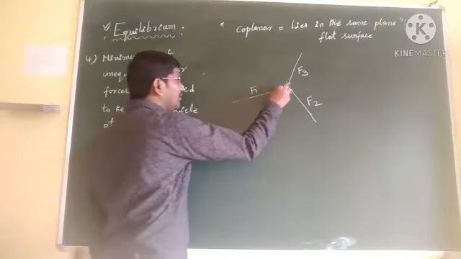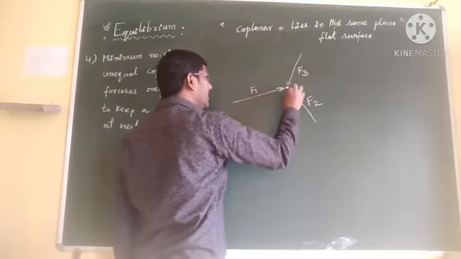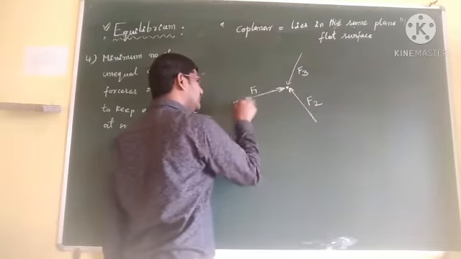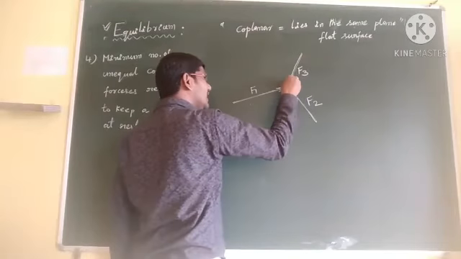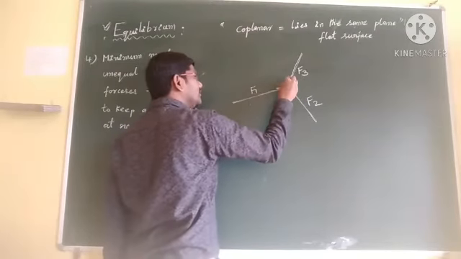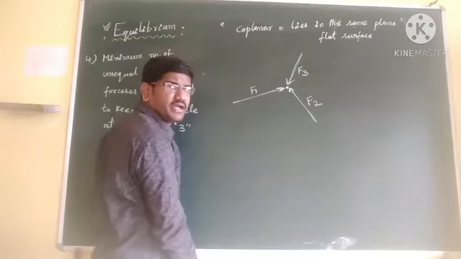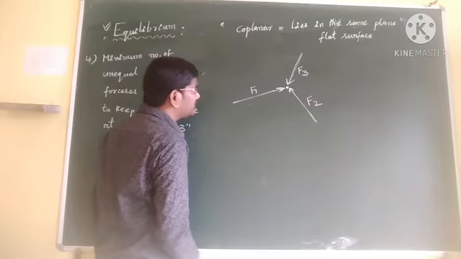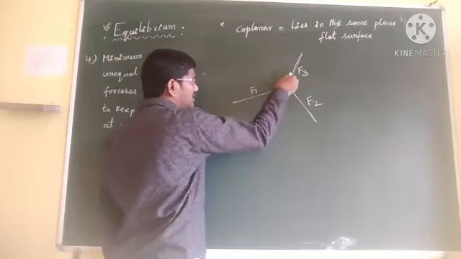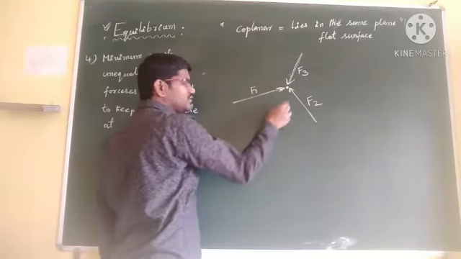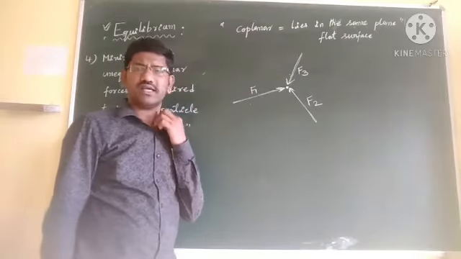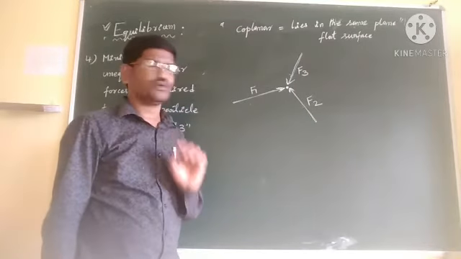So the resultant of F1 and F2 forces is balanced by F3. Or the resultant of these two is balanced by this one. The resultant of any two forces balances the other.